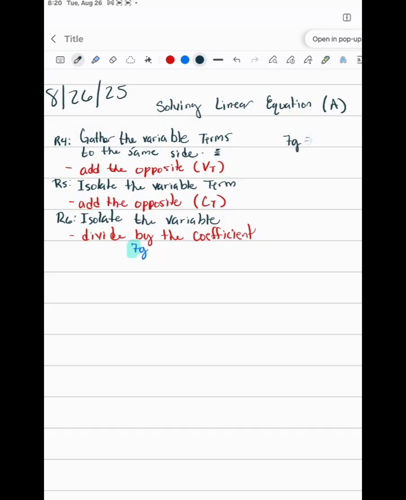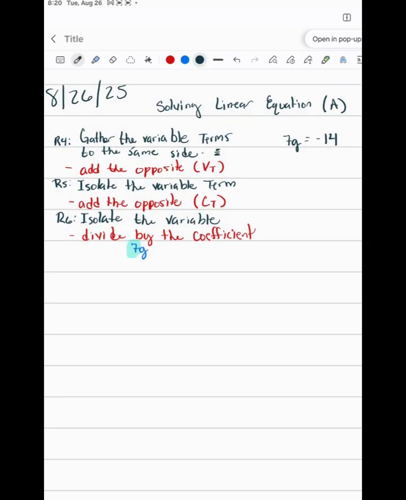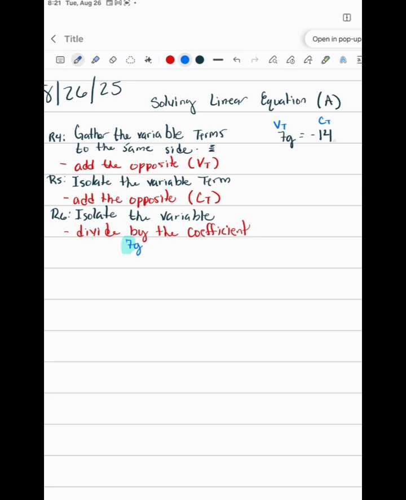7g equals -14. The first thing I want you to do to your problem is identify the parts. Here we go. When you first begin a problem, wherever the variable is, I want you to label that as the variable term. So VT, that's the variable term. And then the other term you have over here is called the constant term because there's no variable with that term.